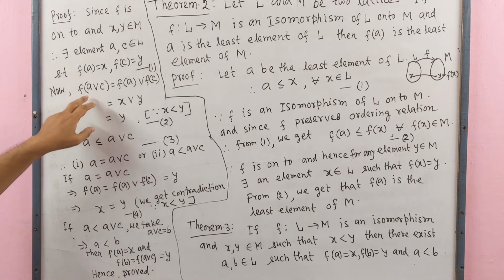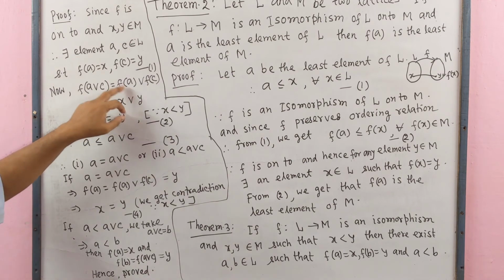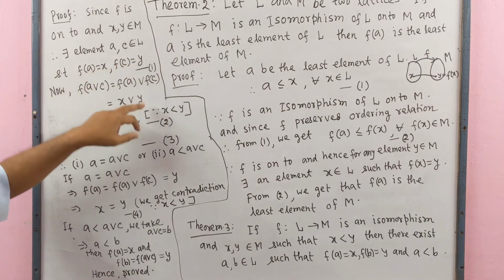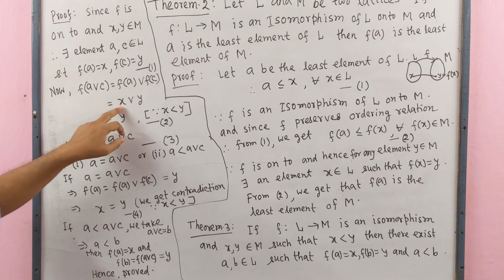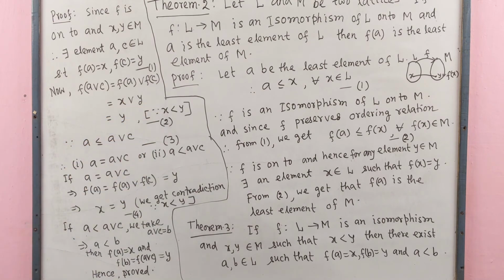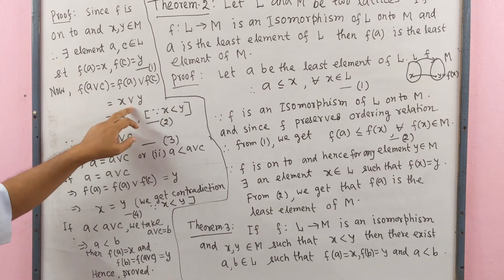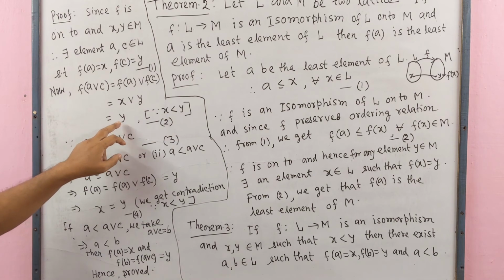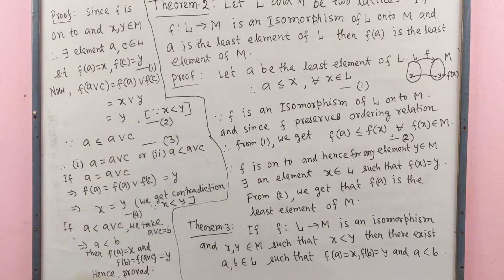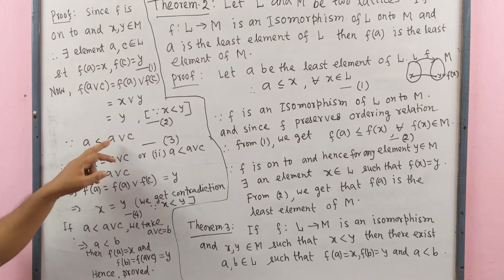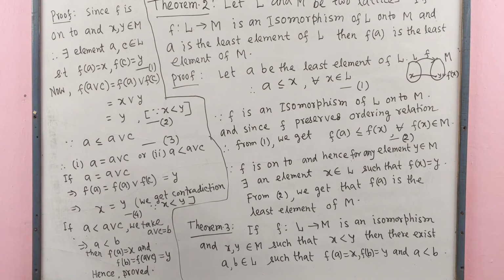Now, F(A join C) equal to FA join FC, since F is isomorphism. FA equal to x, FC equal to y, so x join y. Since given that x less than y, therefore x join y will be equal to y, larger element in join. Again, since A less than equal to A join C, it is obvious. This is number 3.